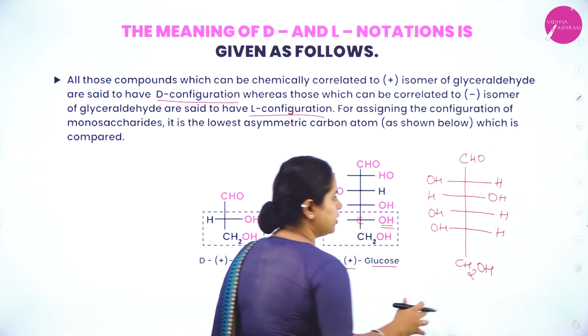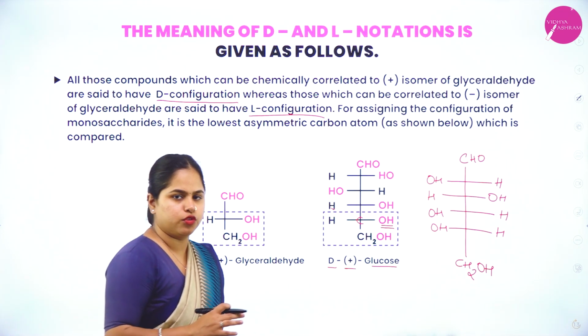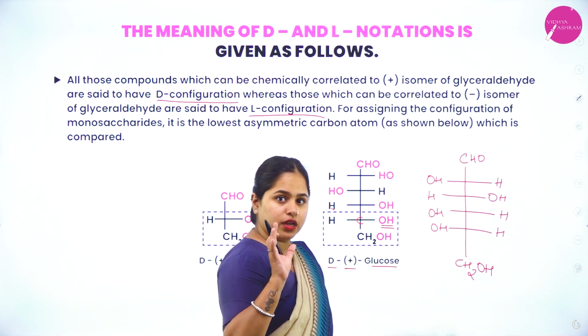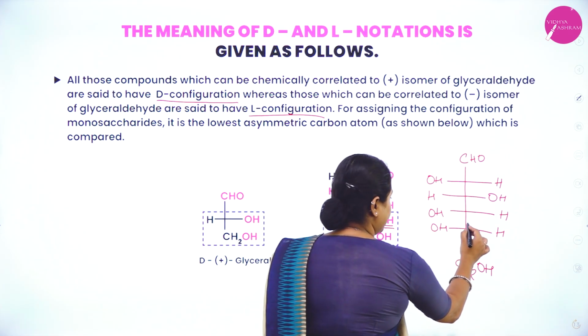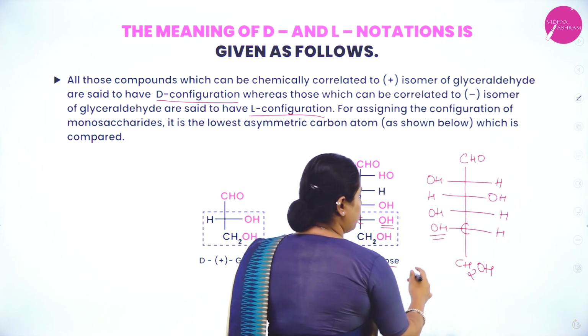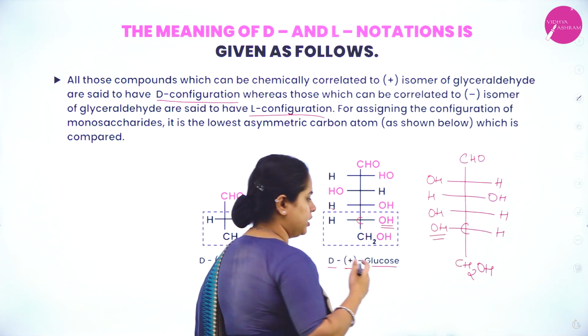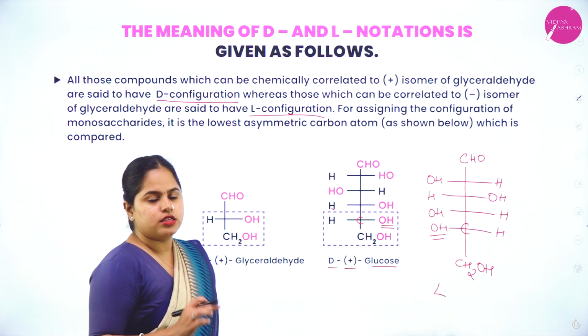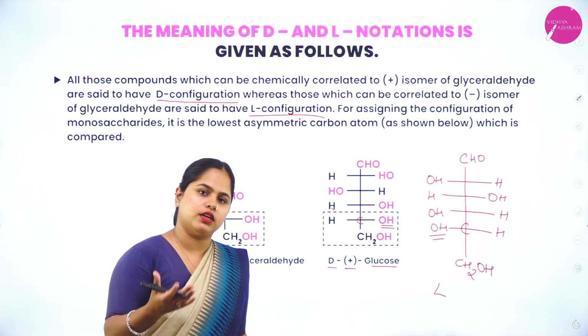So this is also another structure of glucose, another anomer of glucose. Here you can observe the lowest asymmetric carbon atom, this one. Here you can see the hydroxyl group is attached to the left of the carbon atom. So this is going to be the L form. I hope it is clear. This is how you are going to identify whether it is D or L.